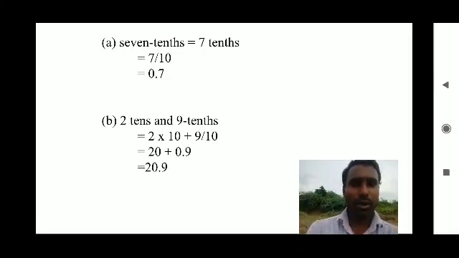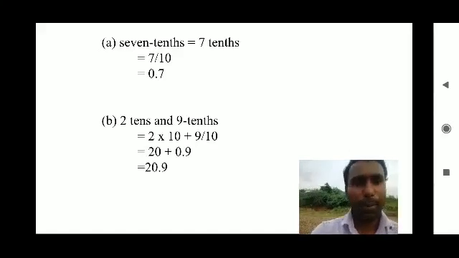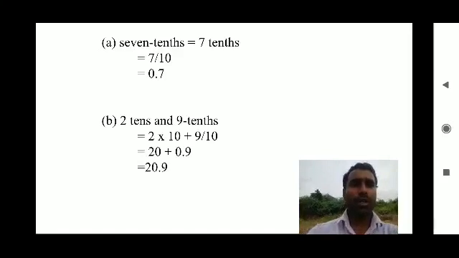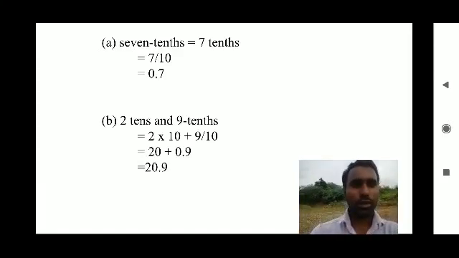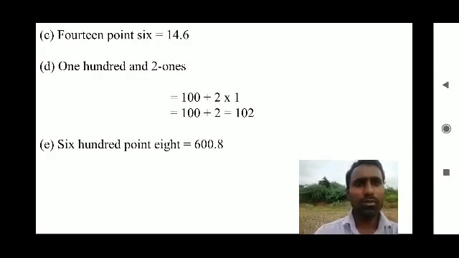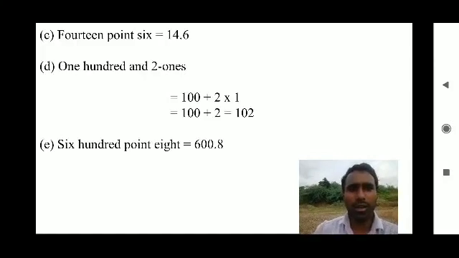So 20 plus 0.9 is 20.9. Shall we go to the next problem? Third problem, 14.6. Here, 14 is a whole number, so 14.6. Next one, 102 ones.